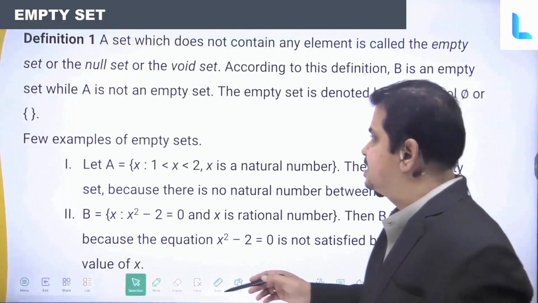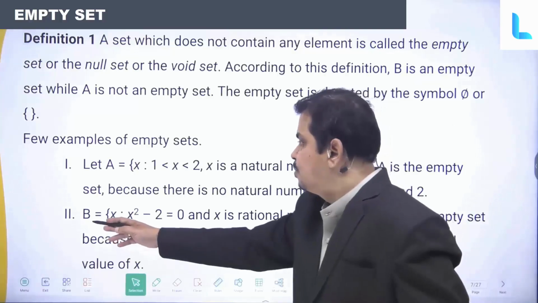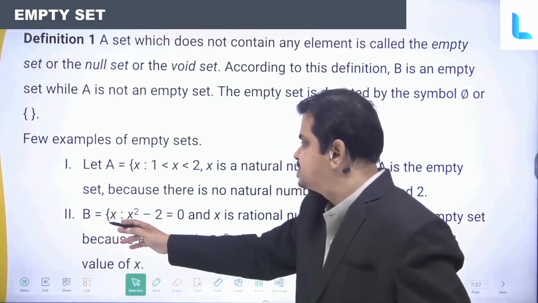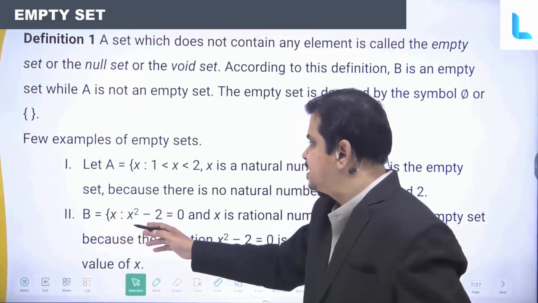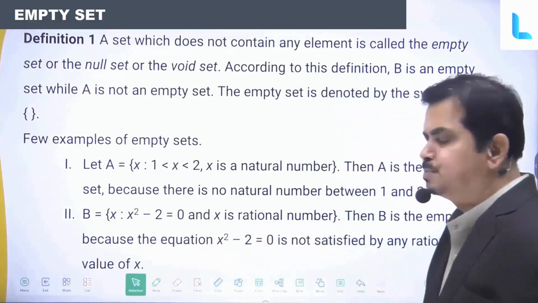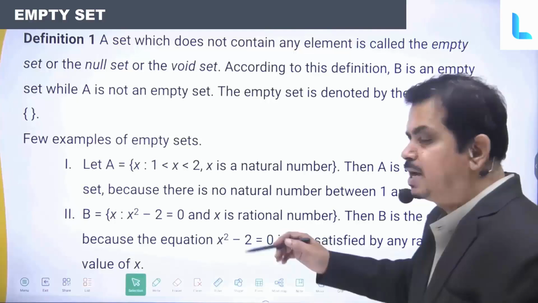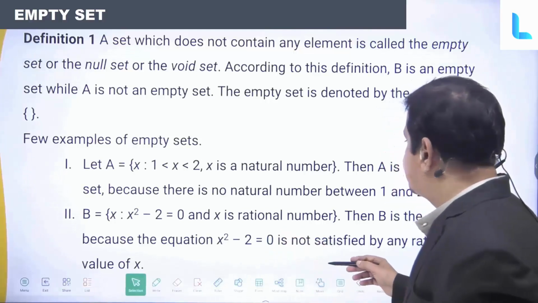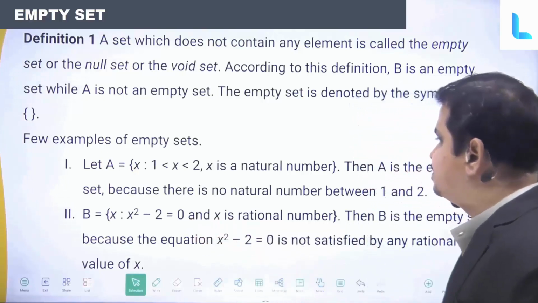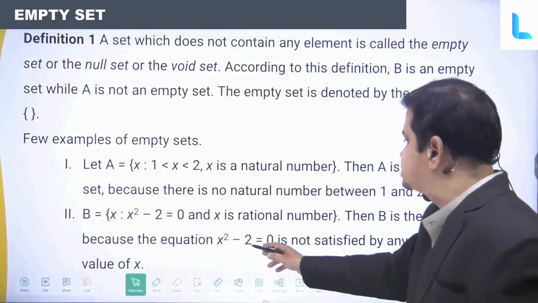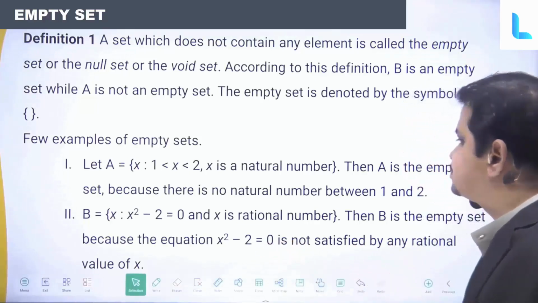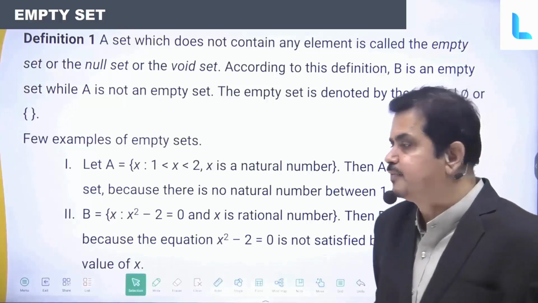Similarly, consider the second example, where a set B consists of all x such that x square minus 2 equals 0 and x is a rational number. Here this set B is also an empty set, because the equation x square minus 2 equal to 0 is not satisfied by any rational value of x.